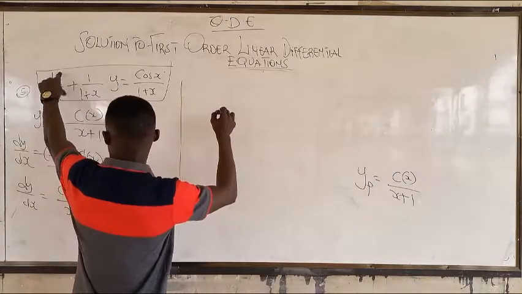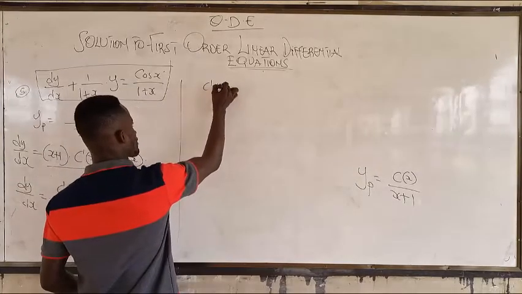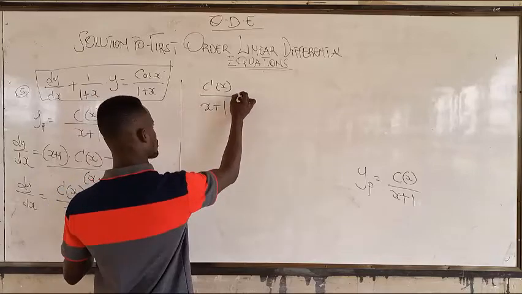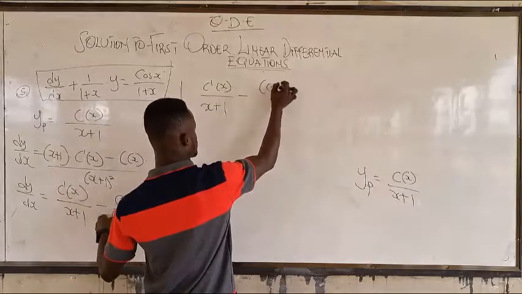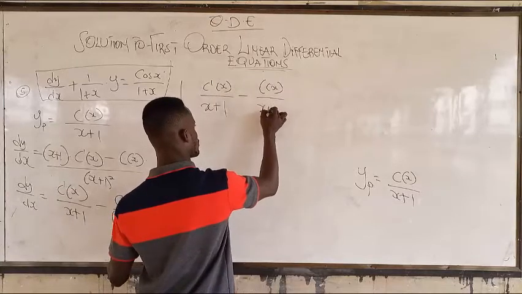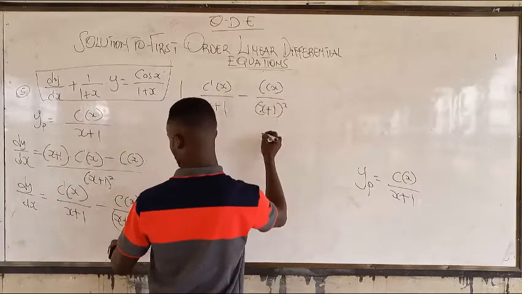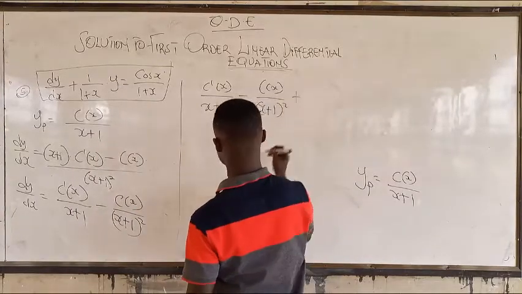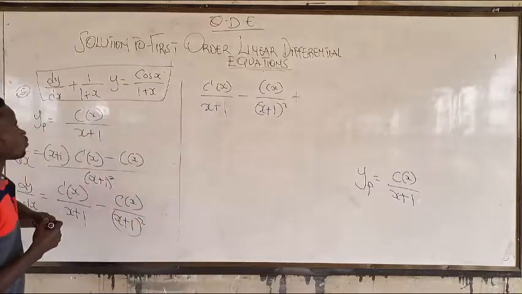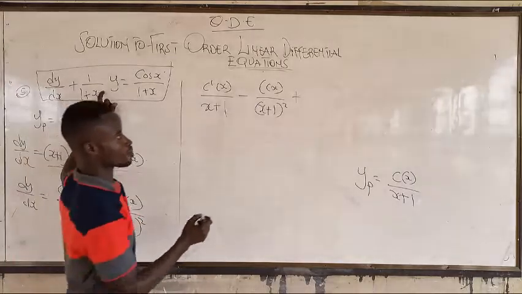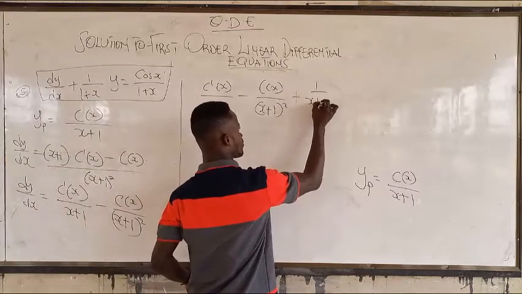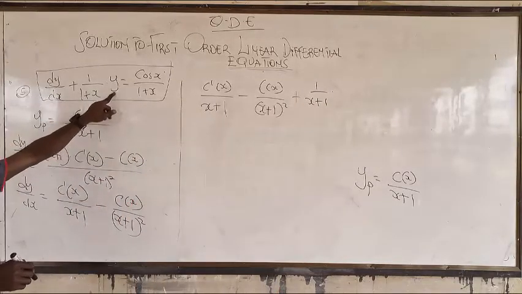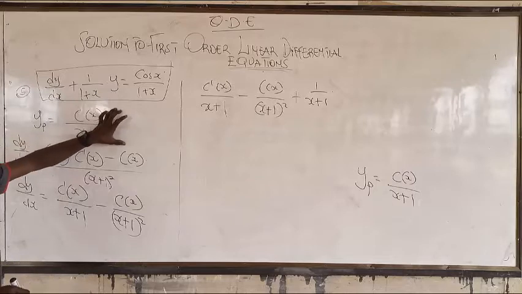So by this, dy/dx is this. So that is dy/dx plus 1 over x multiplying y. And the y that we know here is this.